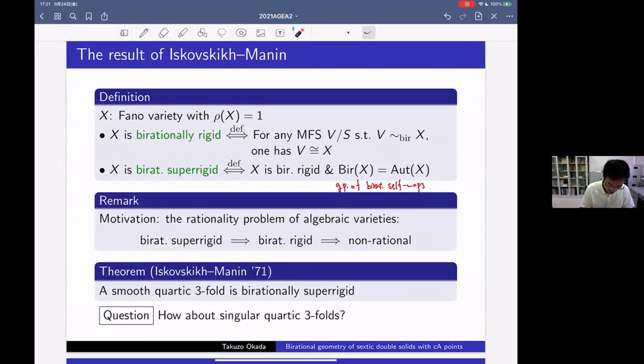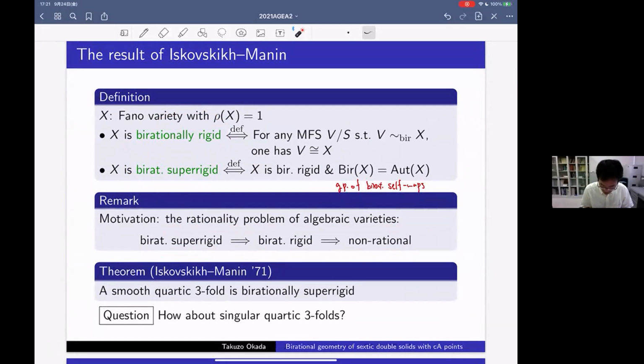One remark: the study of rigidity and super rigidity is motivated by the rationality problem of algebraic varieties, simply because we have this implication.